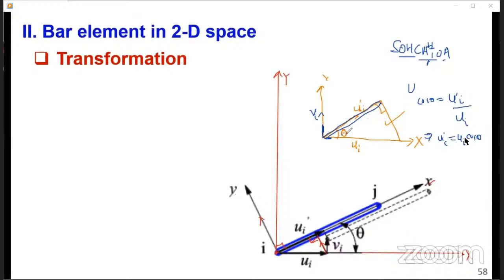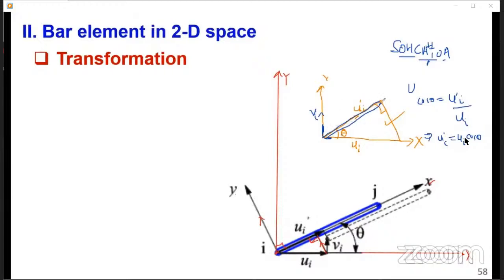So sine theta is equal to vi. Sine theta is equal to ui, that is opposite over vi, which is hypotenuse. Are we missing something here? You following? Everybody following me here?